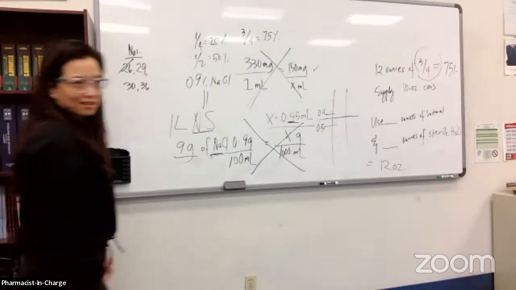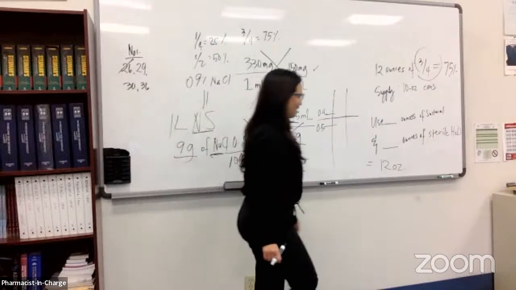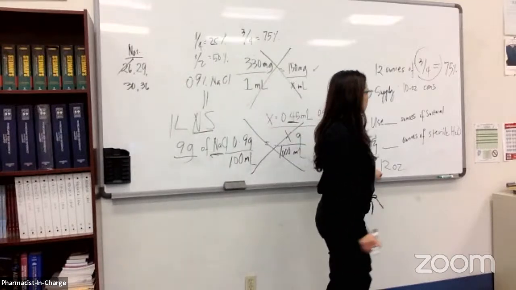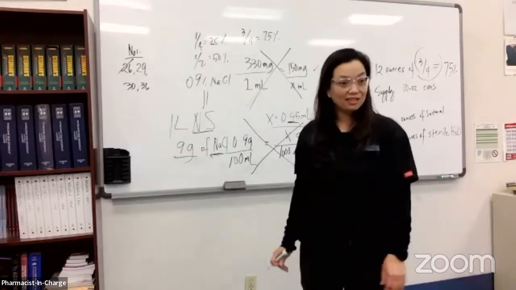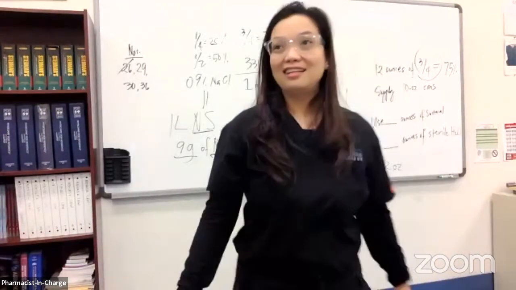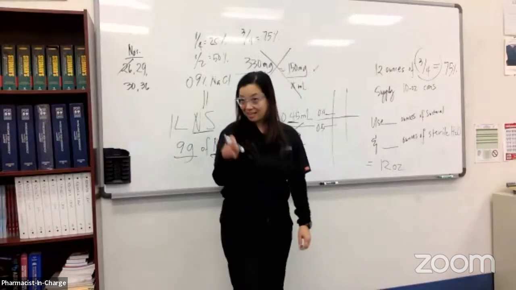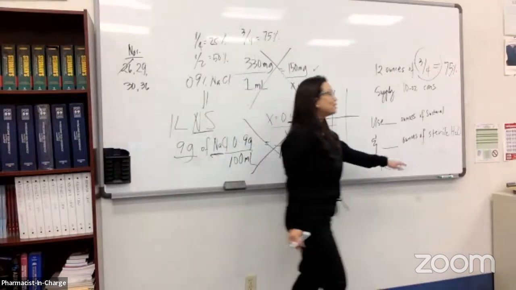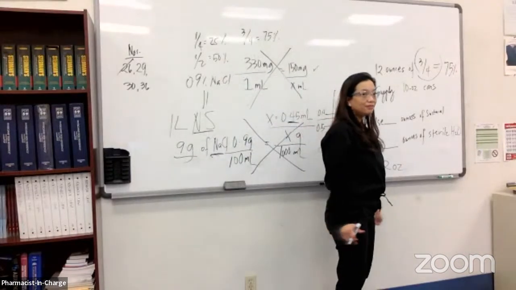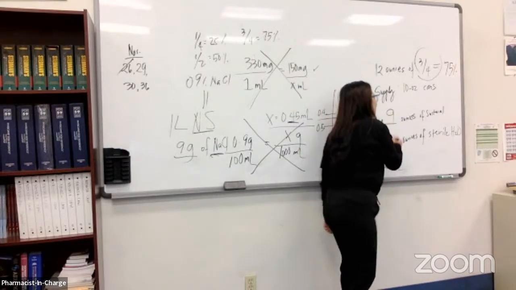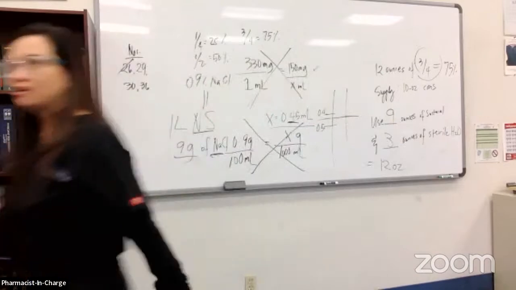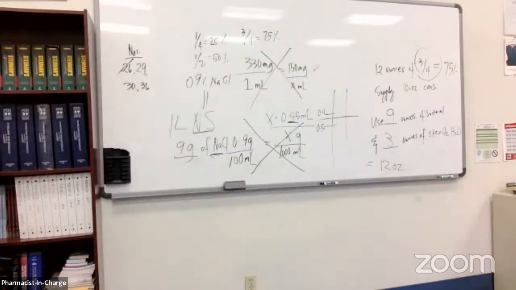So you can do the shortcut way: 12 times 0.75. Is that what you did? Yeah, but that's one way. 12 times 0.75 should give you 9 ounces. So 12 minus 9, the remainder will be your water. That's a simple way of doing it.